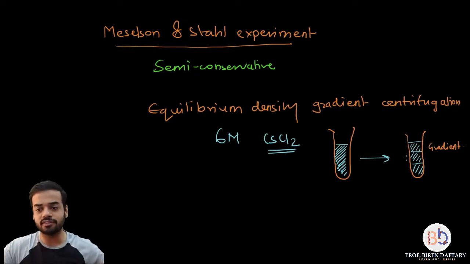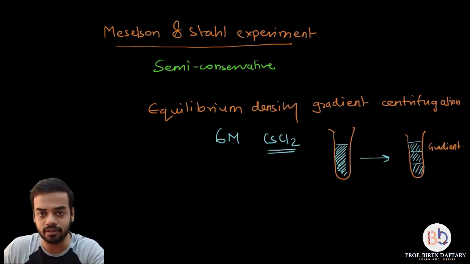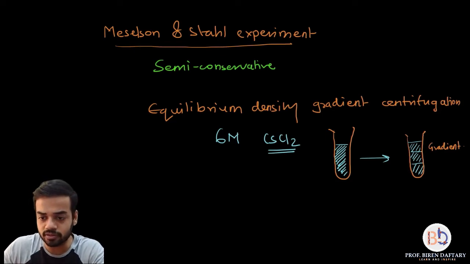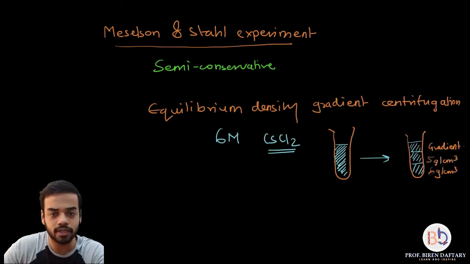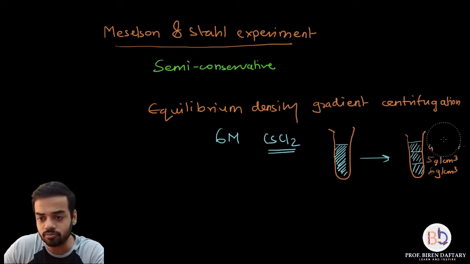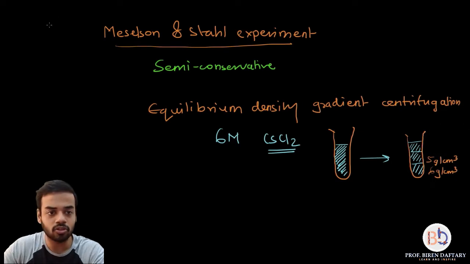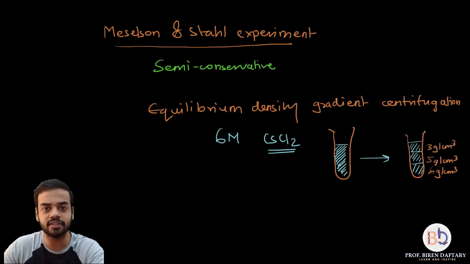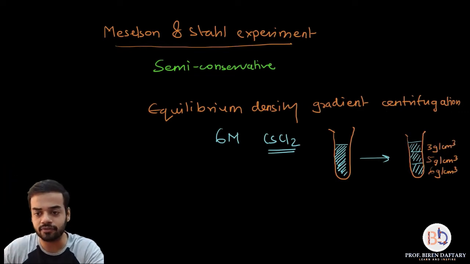For example, suppose the density of this portion is 6 grams per centimeter cube, the density of this is 5 grams per centimeter cube, and let us assume the topmost layer has a density of 3 grams per centimeter cube. The density will obviously decrease going up after centrifugation.